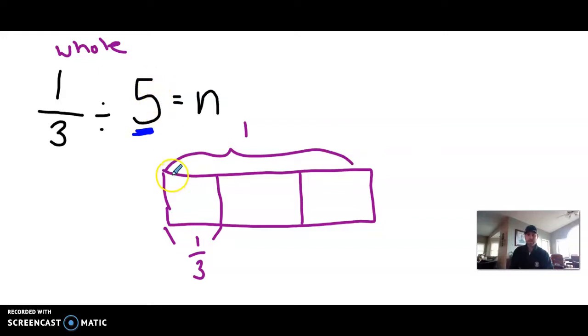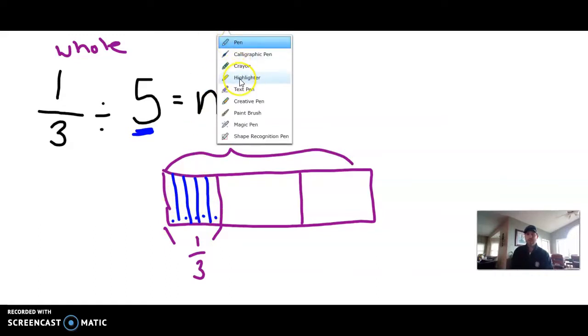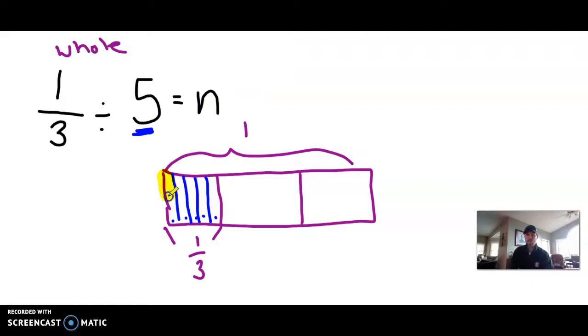So in that case, I'm going to split it up into 5 parts. We know that there would be 4 lines. I'd like to double check. There's 1, 2, 3, 4, 5 parts. That's right. And I'm giving so many out, but I'm only going to keep 1 of those parts.